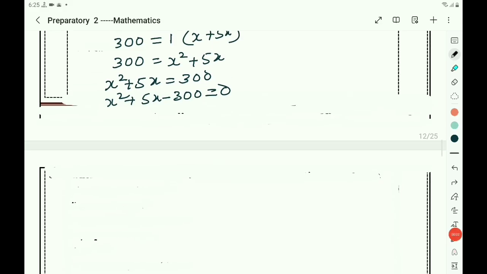Product is x square into minus 300, that is PQ equals x square into minus 300, which equals minus 300x square. And the sum is P plus Q, that is the middle term, which is 5x.